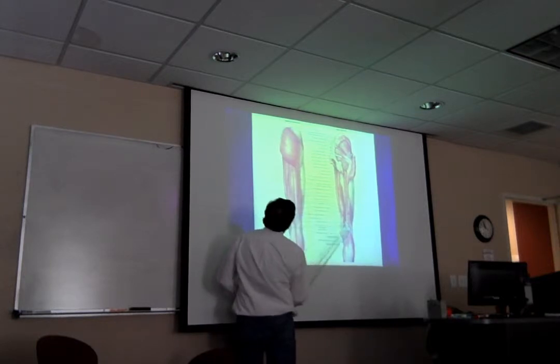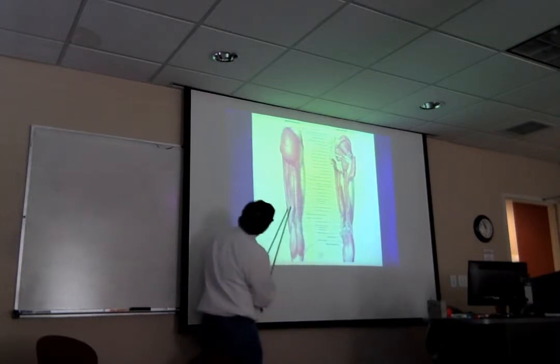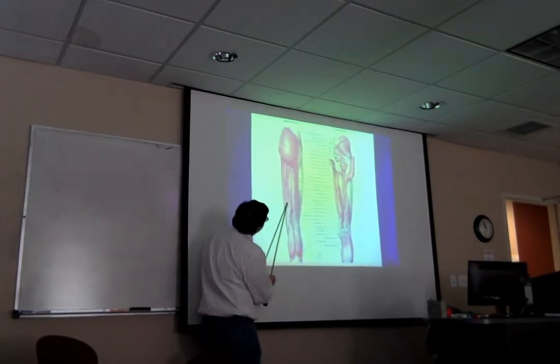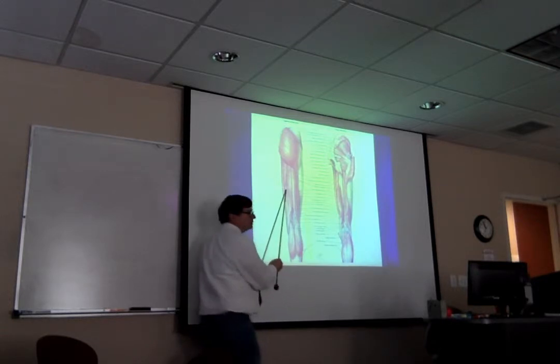All right. Then when we go medial to it, this one is called the semitendinosus. And if you look, there's a little sliver of muscle coming out even more medial here. This is called the semimembranosus.